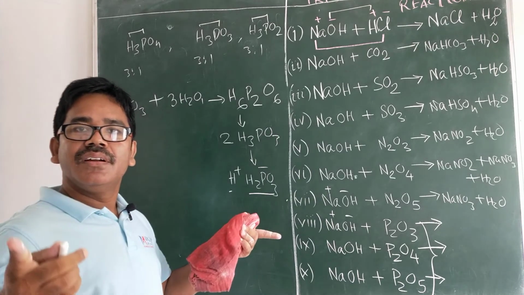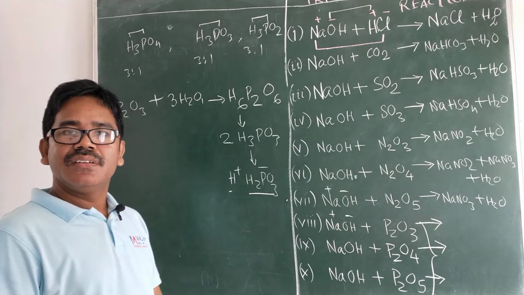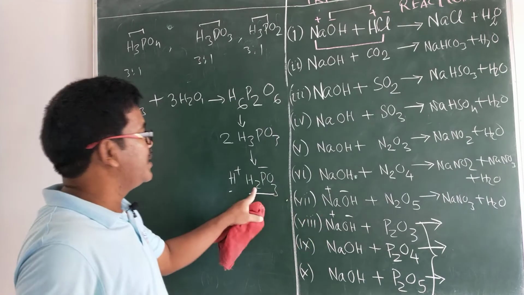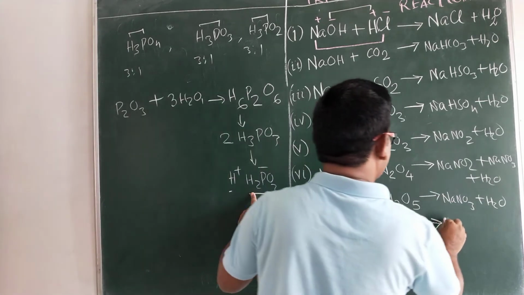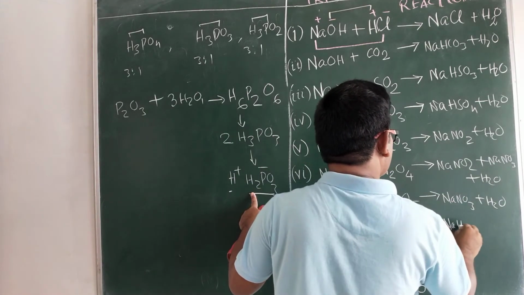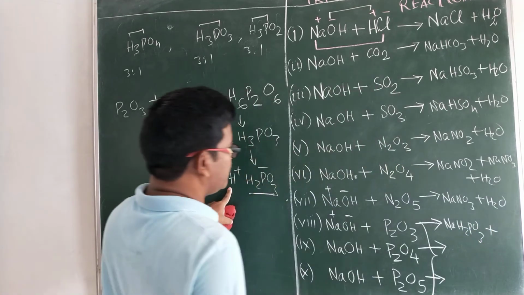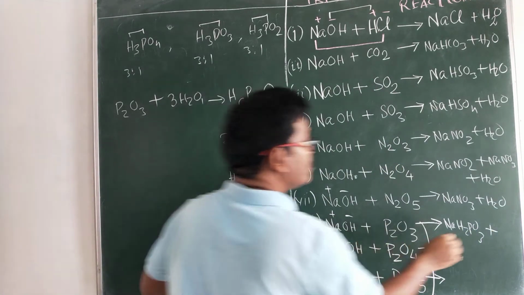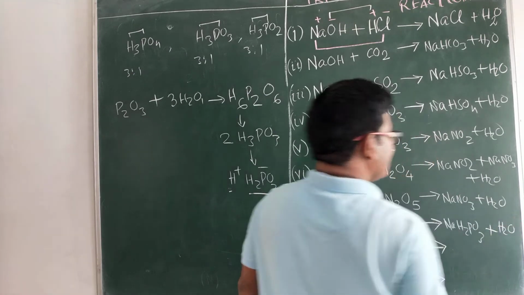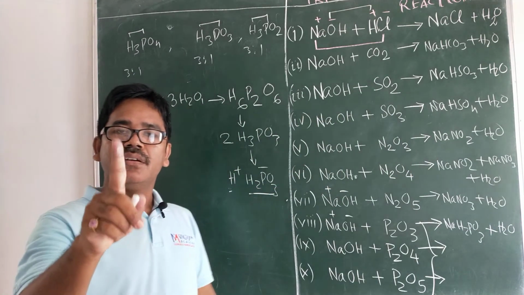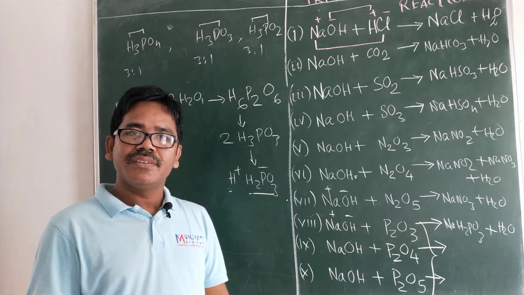Again the same ion exchange reaction: the positive of this combines with the negative of this, so we get NaH2PO3, and the positive of this combined with the negative of that gives water. I am not doing the balancing. Could you follow my point?